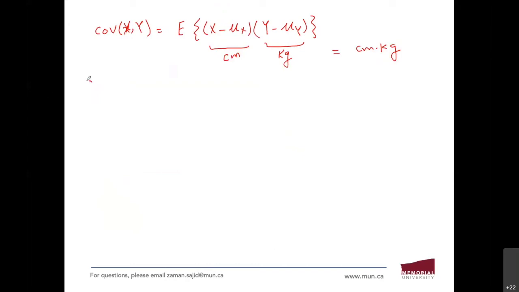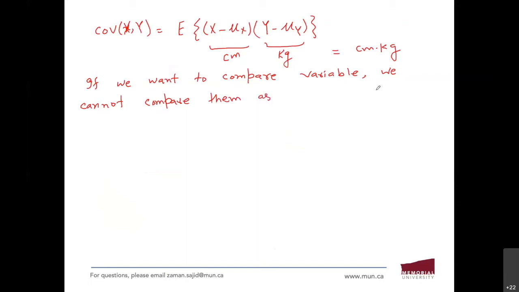So, if we want to compare variables, we cannot compare them as units are different.